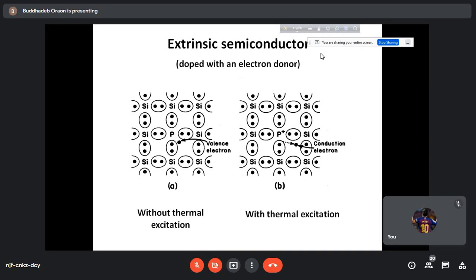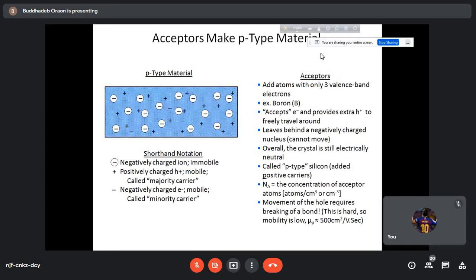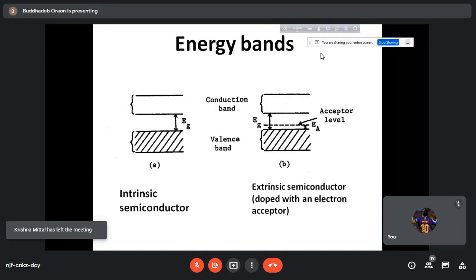So next comes the extrinsic type of semiconductor, where here it shows the P type of semiconductor. When we are doping with boron, we are getting a large number of holes here, and the acceptor energy level gets shifted towards the lower side.